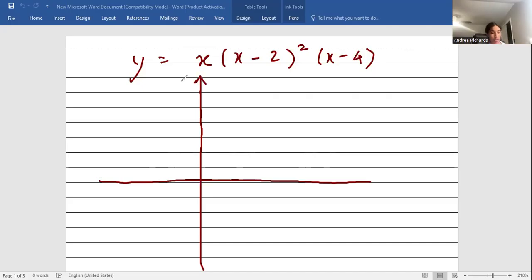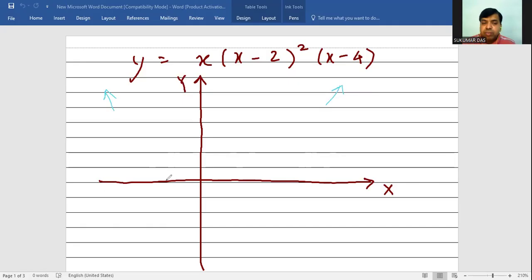So the leading coefficient is positive, and the degree is even. What is the degree here? It's 4. Yes, correct. So what will be the end behavior? The end behavior will be like this.